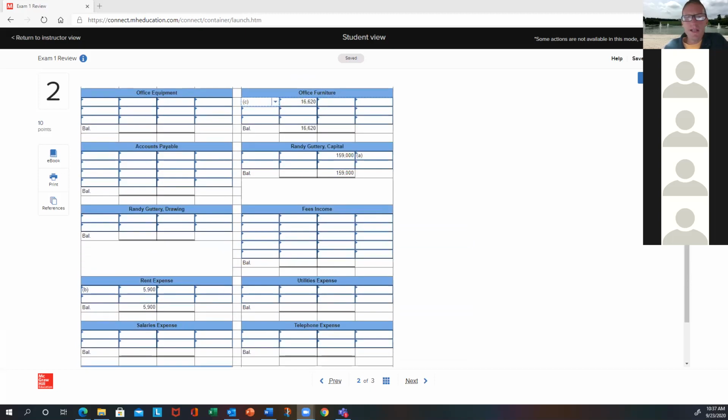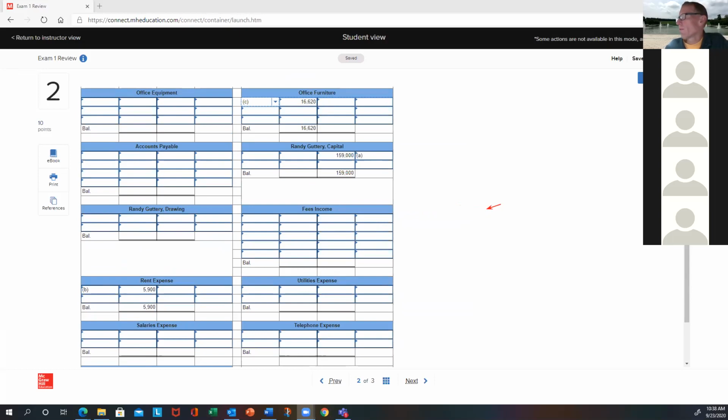They use an account called fees income. So if you see that account being used on the test, that's going to be the revenue account. That's the only revenue account that you have to worry about at this point in time. There'll be other revenue accounts later on. But for right now, take a note of that, fees income is going to be our revenue account.